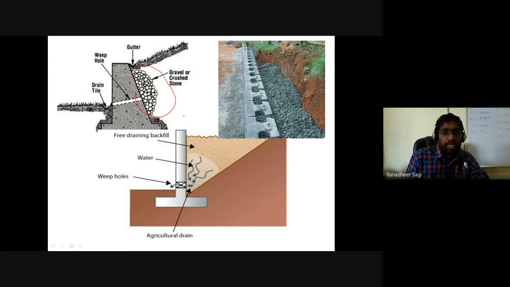From that coarser medium, with the help of what we call drain pipes or weep holes, the water starts seeping through and gets drained out of the retaining structure on the other side, without causing much decrease in the shear strength of the soil being retained on the higher elevated side.